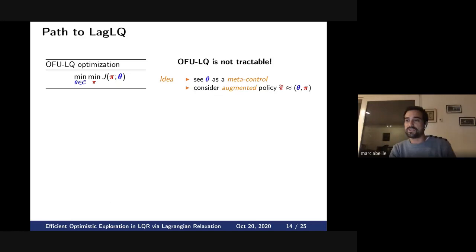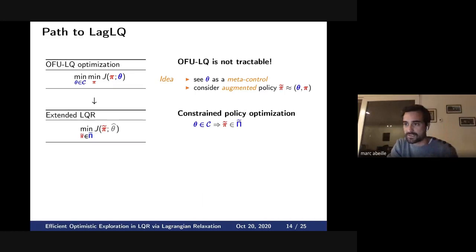Informally, what we do is cast these parameters into the controls and consider augmented policies, pi tilde, that summarize both the parameter and the control choice. As a result, this allows us to reformulate the original problem, up to some relaxation, into a constrained extended control problem, where now we have a constraint on an augmented policy that is inherited from the confidence set. This is basically just a reformulation, but on the positive side, we now have to optimize over policies only, so we end up with a control problem. But on the negative side, we have to handle the constraint.